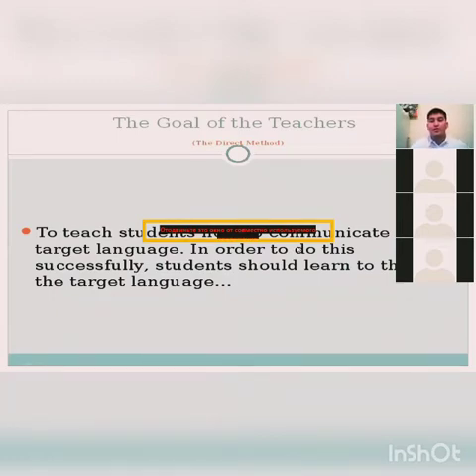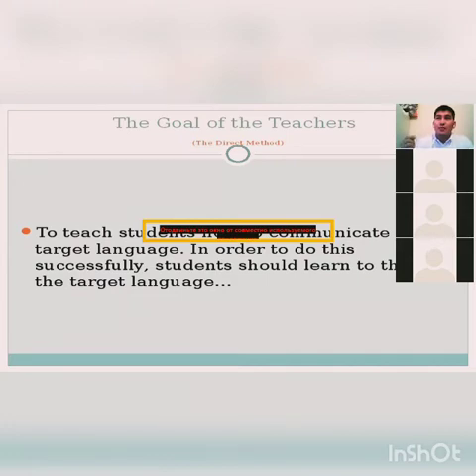to teach students how to communicate in the target language. How to do that is to teach students to think in the target language, not to find translation. Most of the time at schools, we used to translate in our mind. When people speak in English, we used to translate in our mind first to understand them.